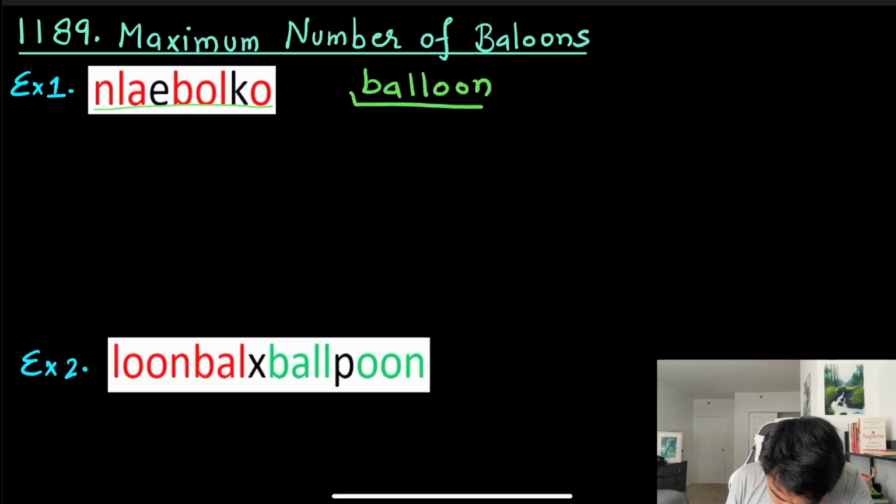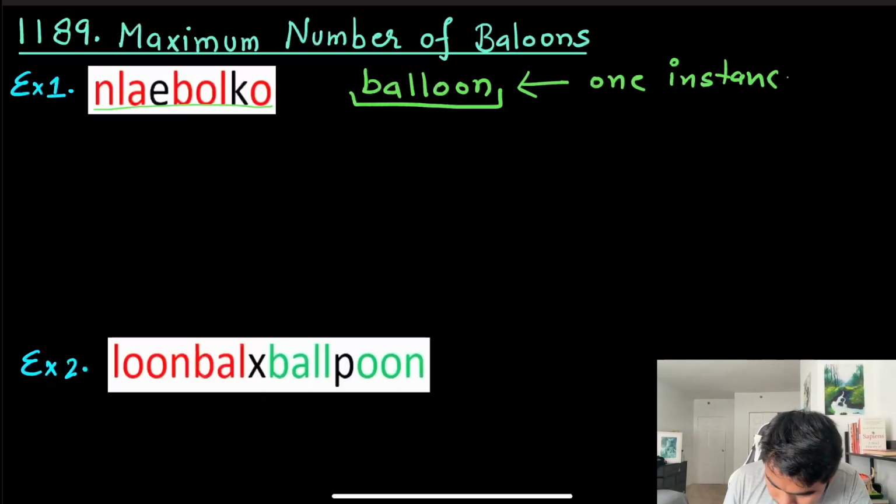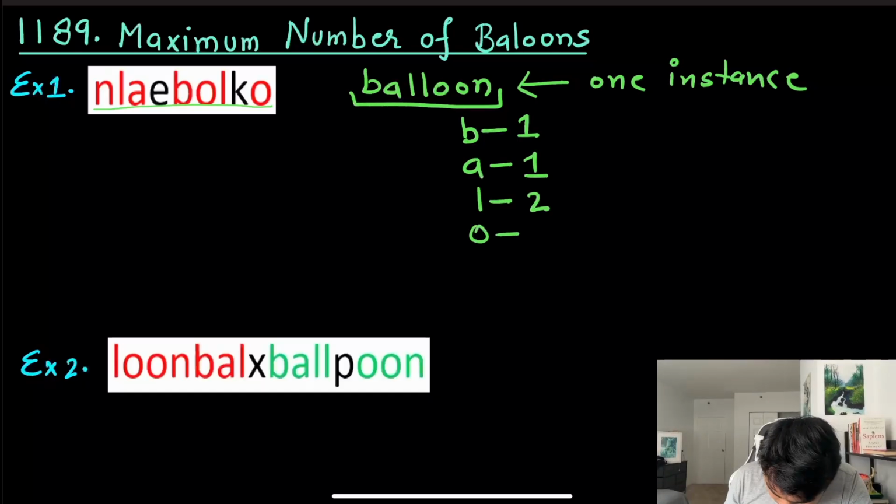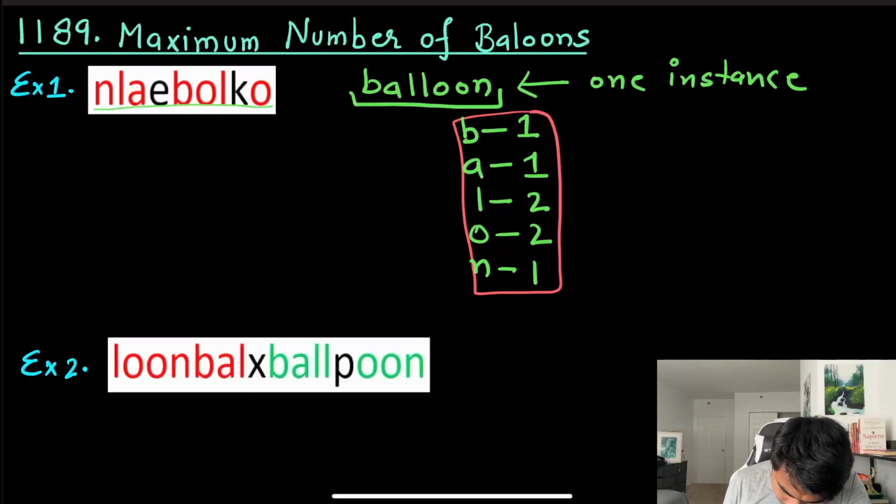This balloon right here is one complete instance, and one instance uses 1 B, 1 A, 2 L, 2 O, and 1 N.